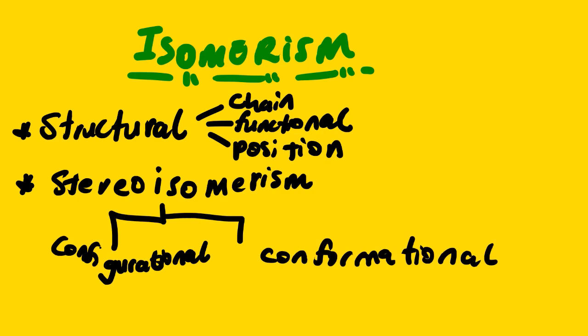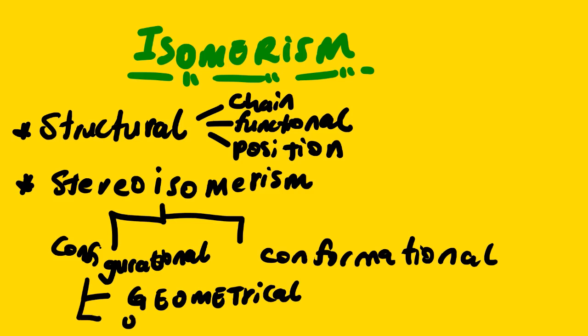And then under configurational, we have geometrical. If you look in your textbook, you will see this. And then we have optical. So these are the types of isomers that we have.